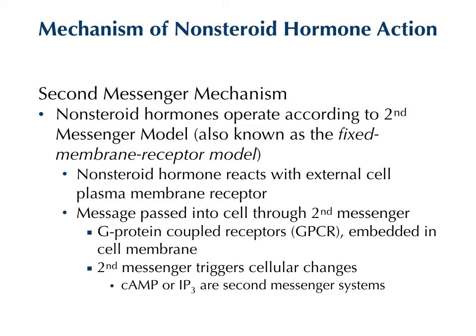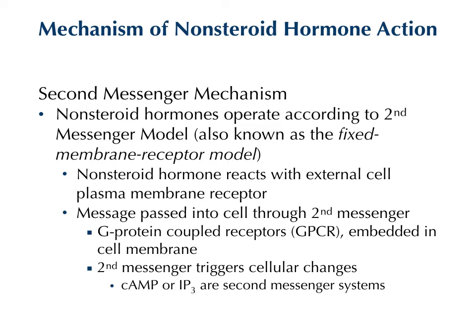Now, nonsteroid hormones, because they are not lipid soluble and are hydrophilic, act in a different manner. And these nonsteroid hormones typically operate according to a mechanism that was originally called the second messenger model.